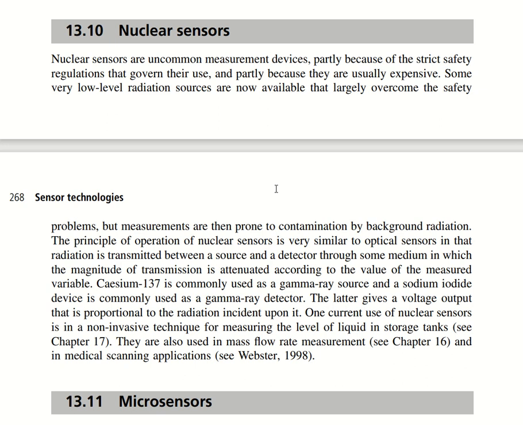The sodium iodide gives a voltage output that is proportional to the radiation incident upon it, and one current use of nuclear sensors is a non-invasive technique for measuring the level of liquid in a storage tank, and also they are used in mass flow rate measurement and medical scanning applications as well, right? But nuclear sensors are often rare.